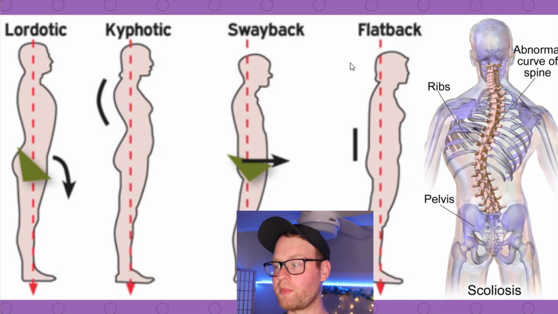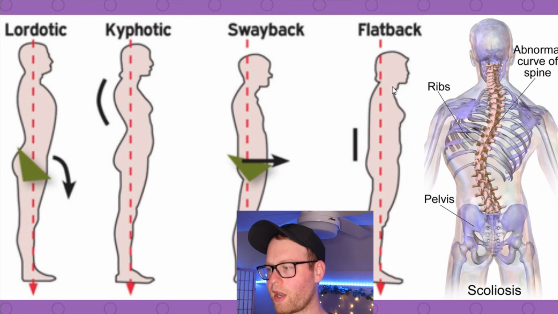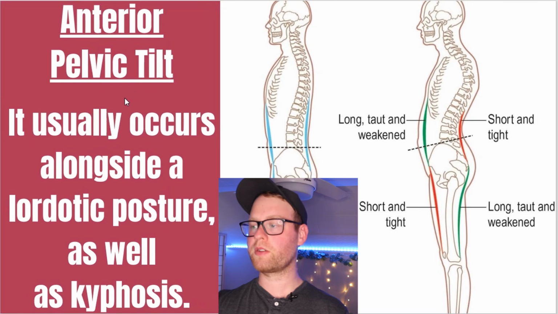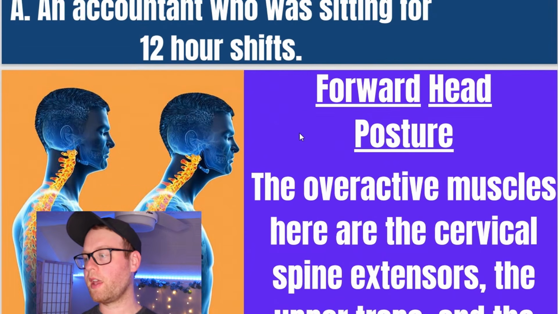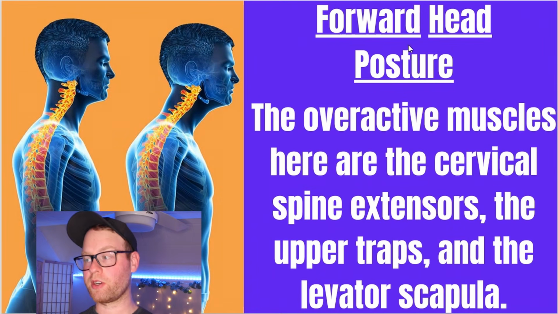They're likely just going to be thrown in to distract you. So really make sure you understand lordotic and kyphotic postures. Just look these ones over generally in the book, understand them, don't memorize them. And also really make sure that you understand anterior pelvic tilt and forward head posture as well, because both of those things are important and they're very much related to those two postures that we just talked about.